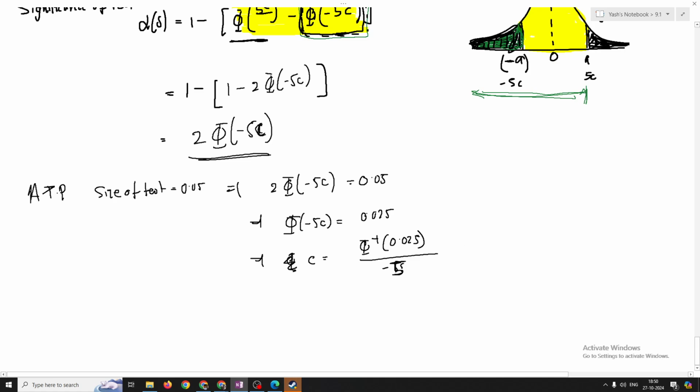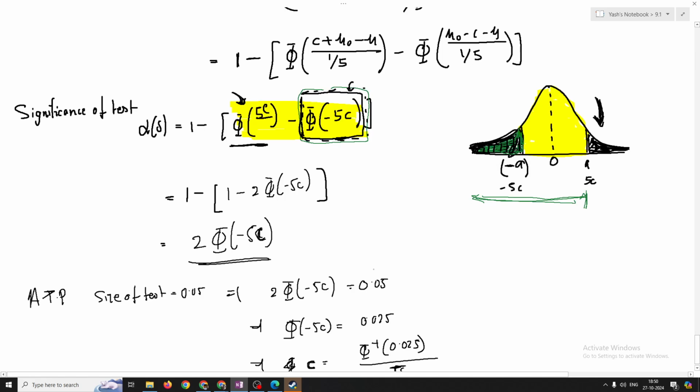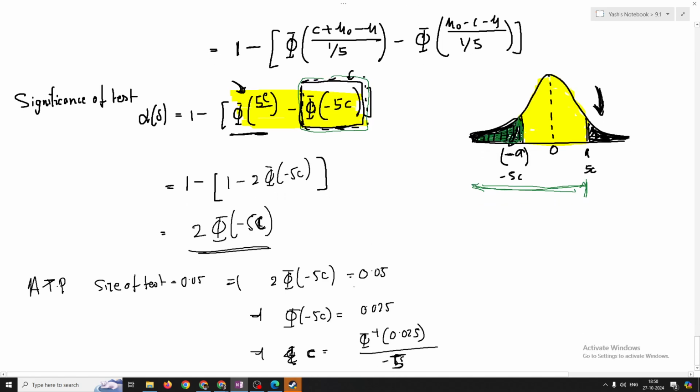And actually the thing on the numerator, if you look up the value from a table of normal distribution, would be negative. So this negative will essentially cancel out, and this c would turn out to be something that is positive. So this is the answer that you get. And so this is it, right?